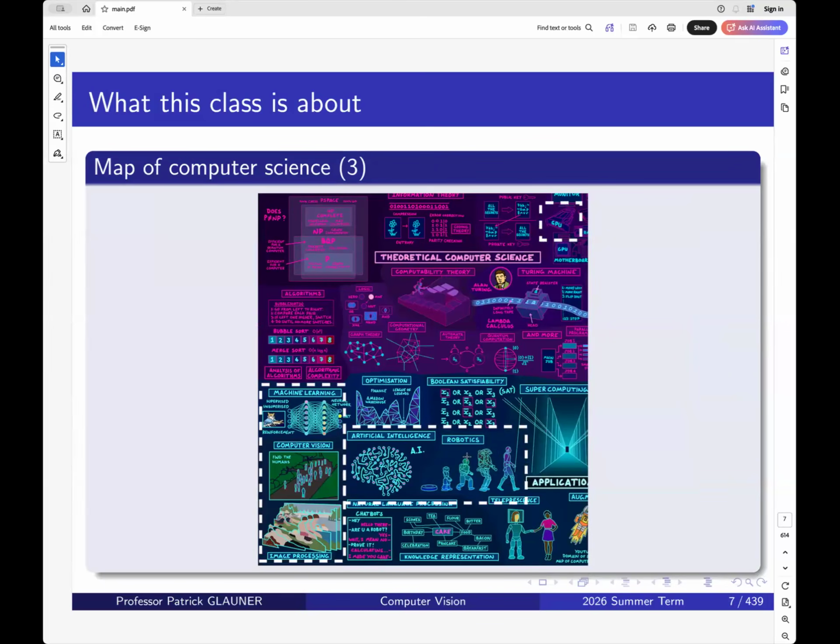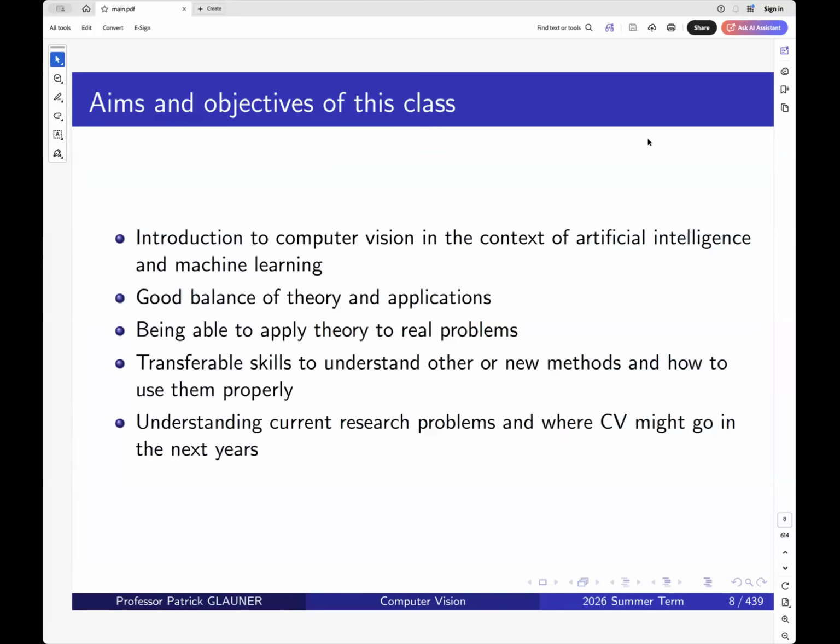But this is what the course will be about. It's a computer vision course. We will use machine learning methods, not just machine learning methods, also some classical methods. We'll have applications in robotics, for example, and also see how we can use high-end hardware to train and run some of these models. So that's what the course is about.